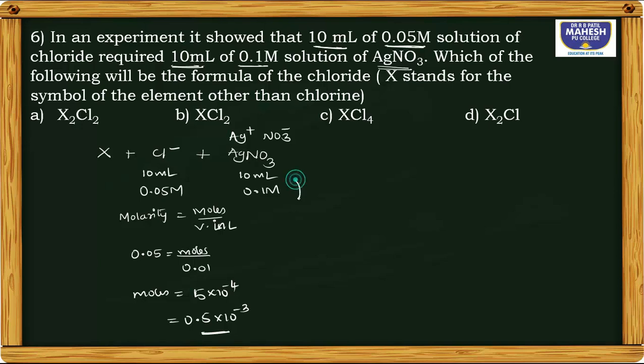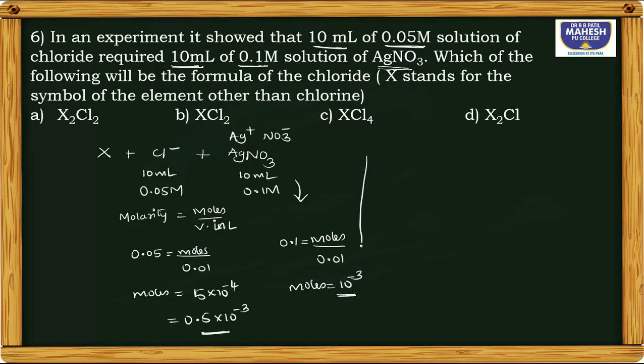Similarly, in the case of silver nitrate, molarity is 0.1. Moles is what we have to find out, that is our aim. Once again 10 ml means 0.01 liter. So when I multiply these two, moles of silver nitrate is going to be 10 to the power minus 3.